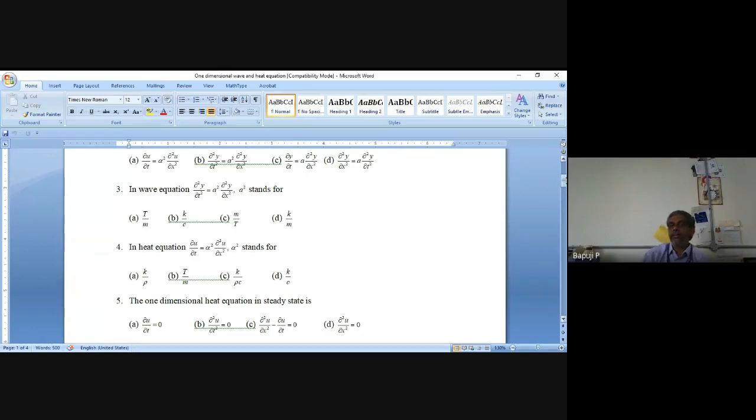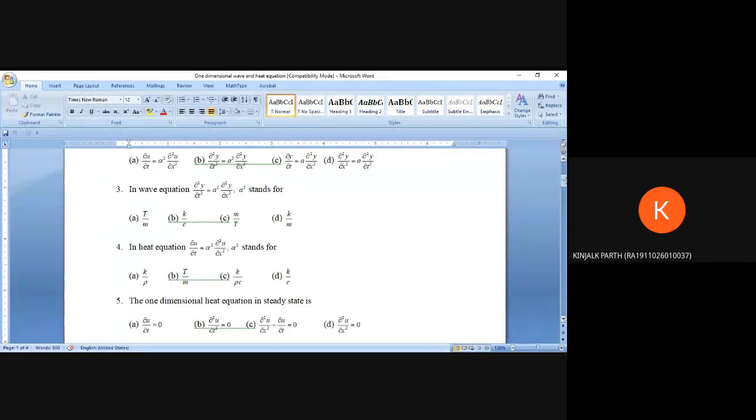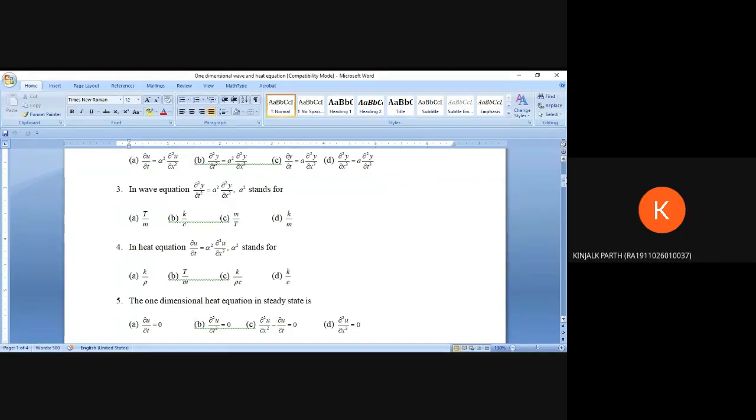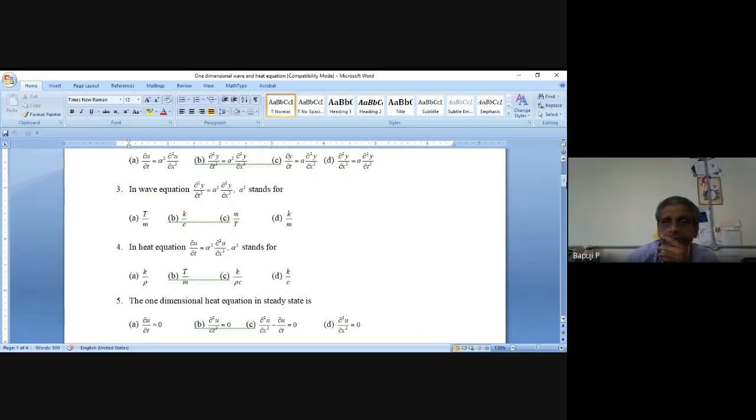Don't look blindly at my screen itself. Open the PDF and see what our constants are. Kappa by rho c, sir. Kappa by rho c. Option C. The thermal conductivity and specific heat I told you, no.